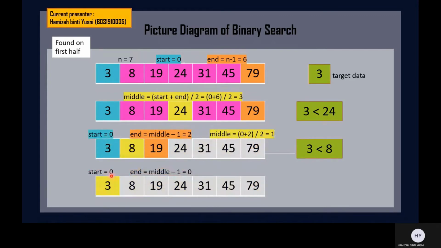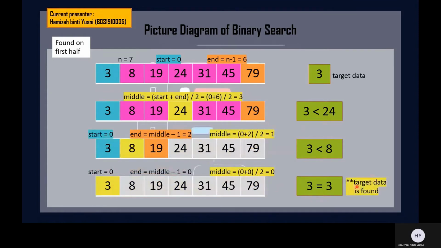Since end value changed, middle value will also change, which is on index 0 with value 3. So it will be compared with target data 3. Since it is equal, target data is found at the index of middle value, which is 0. So this is searching that is found on the first half.